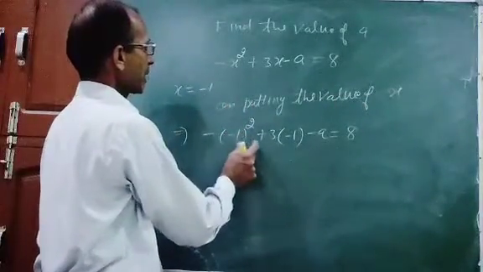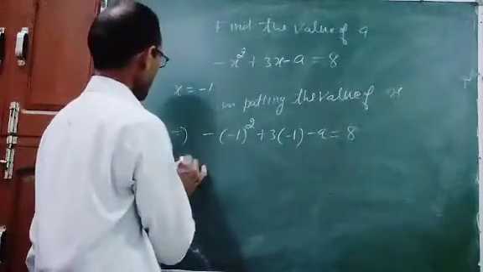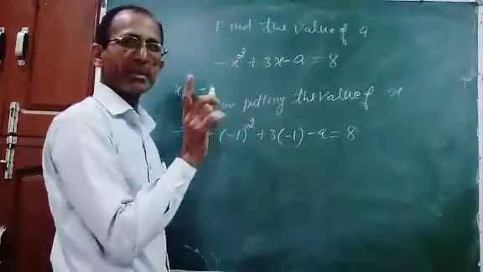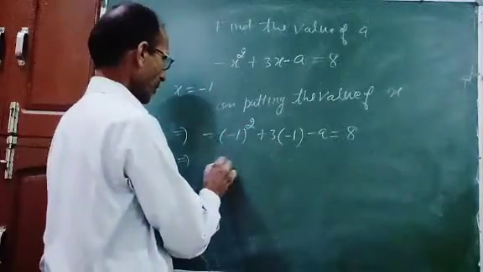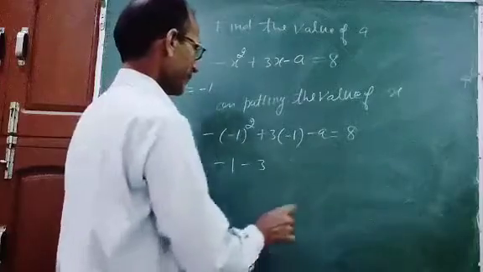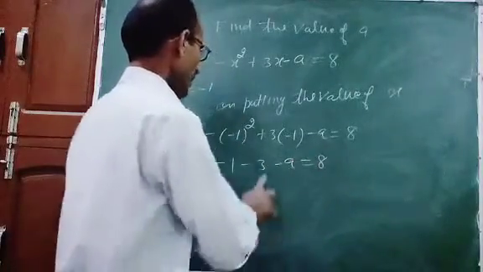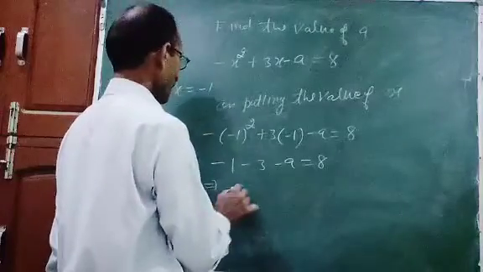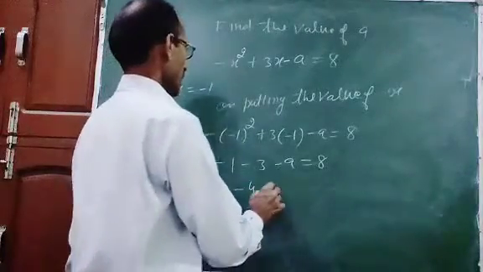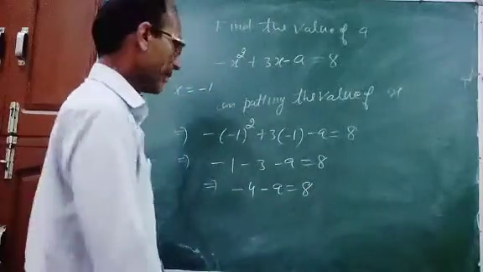Minus 1 square is 1. So minus 1 minus 3 minus a is equal to 8. Minus 3 and minus 1 is minus 4, so minus 4 minus a is equal to 8.